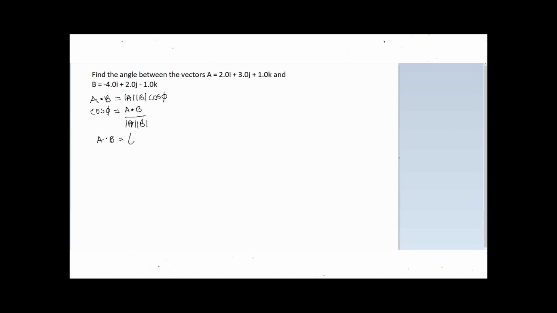A dot B is equal to, so the vector A is 2i plus 3j plus 1k.